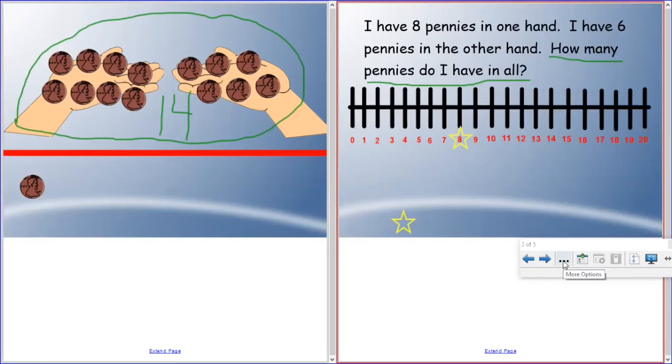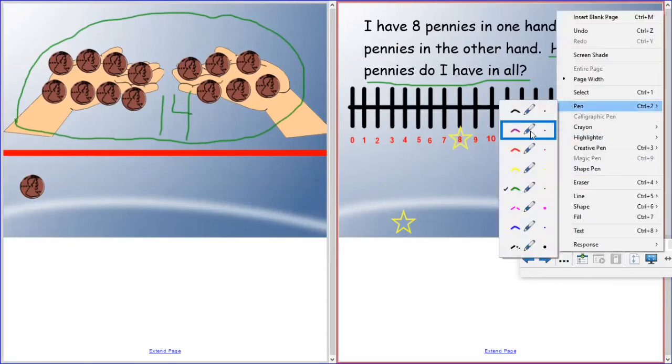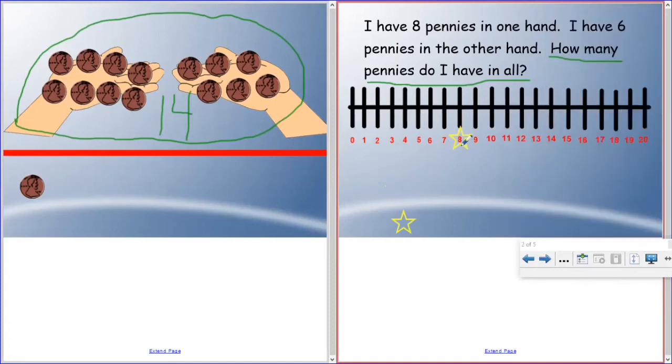Then I'm going to use a pen to show how I count 6 more from the number 8. I'm going to start from the number 8 because that's our starting number, and I'm going to jump 6 because it says I have 6 pennies in the other hand.